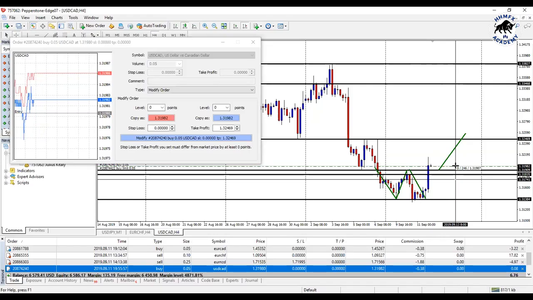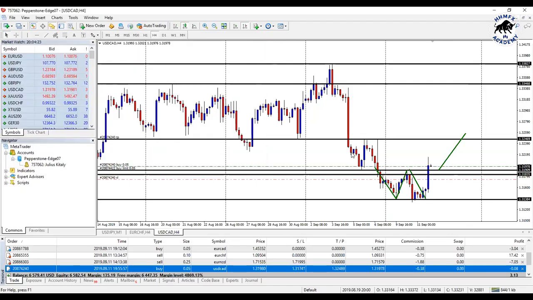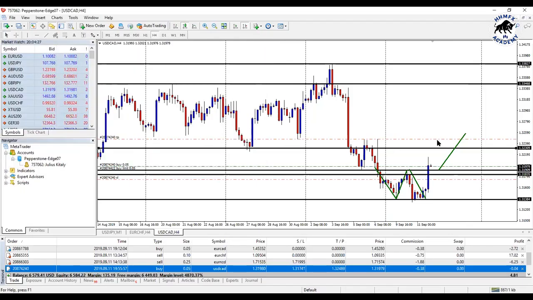So this is 1.31741. So I modify my order, then I'm done. Here is my take profit, and my stop loss is here, 25 pips away from my entry.